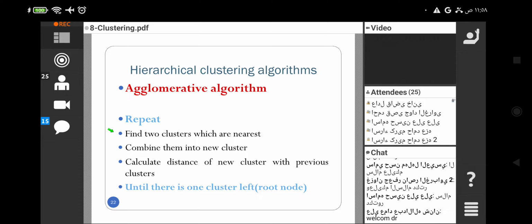Okay, this is the loop of the hierarchical clustering algorithm. These steps are repeated until we come to one cluster, which is the root cluster.